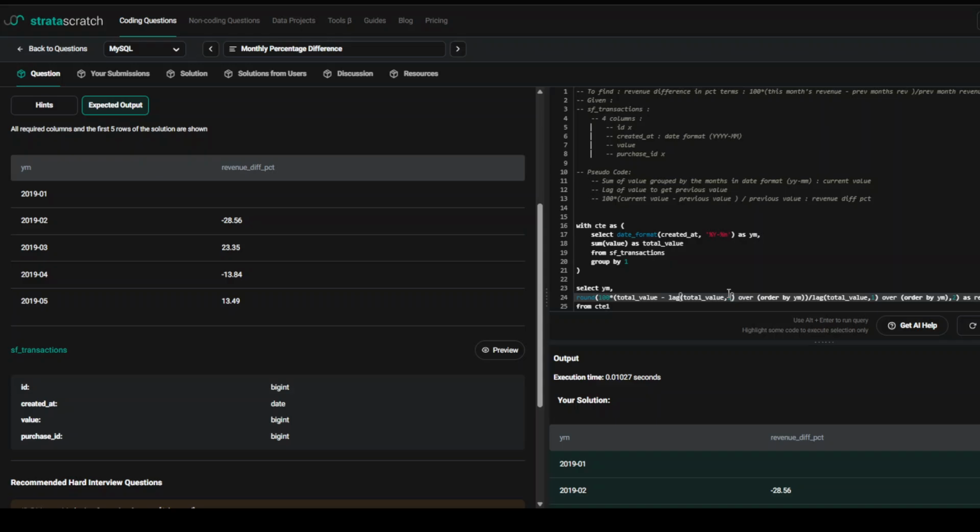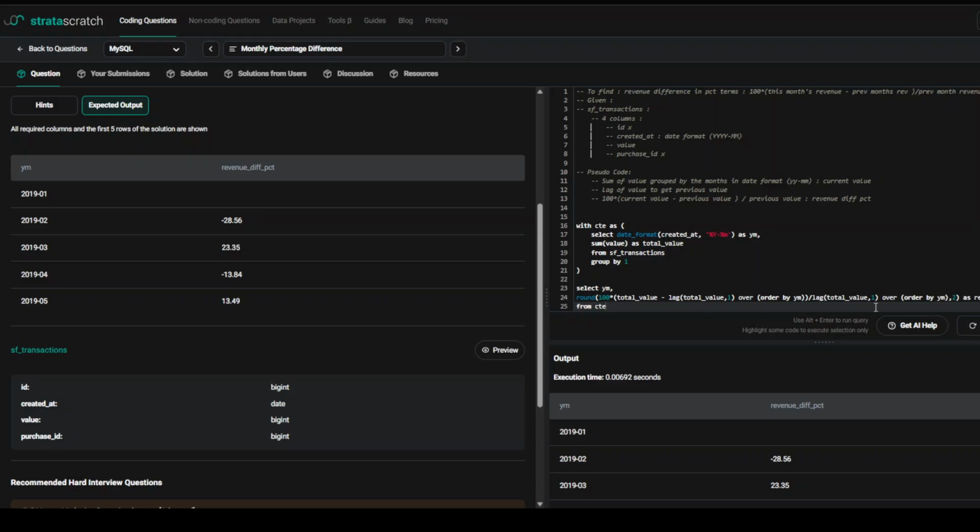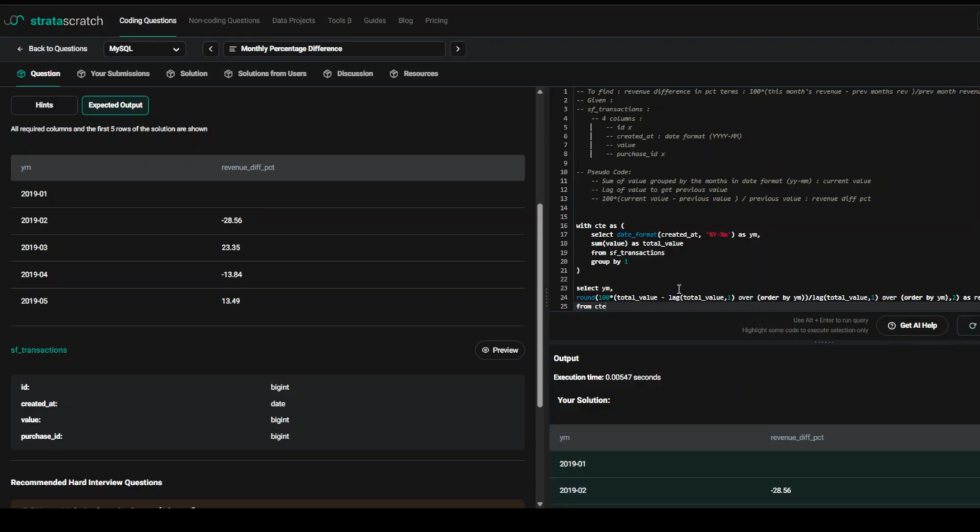I could have specified 2, but that would have gone to the second previous month, and that is not what we need. We need the previous month, so that is why we have specified comma 1. Over order by ym, the year month, divided by the lag of the total value over order by the year month as revenue difference percentage from CTE. Now let's just run it. Oh yeah, of course, it says an error because CTE1 has been removed. So from CTE, I can just run this and we are good.